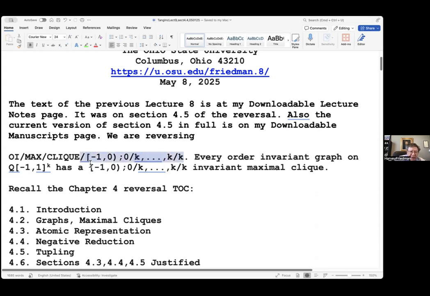This is not a list, really. This whole expression here without the slash is actually the name of a function, right? So every order invariant graph has a blah invariant maximal clique. Okay, as usual, no change for forever.